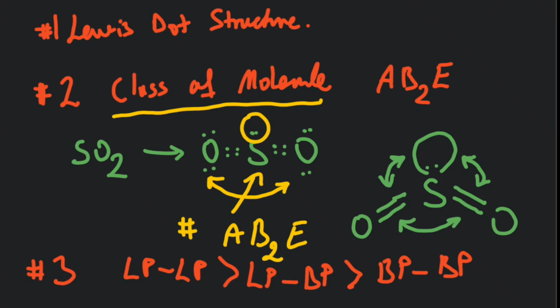So this should be a stable configuration for the molecule. However, I can also predict the bond angle. What is the bond angle? According to VSEPR theory, the bond angle is approximately 120 degrees.